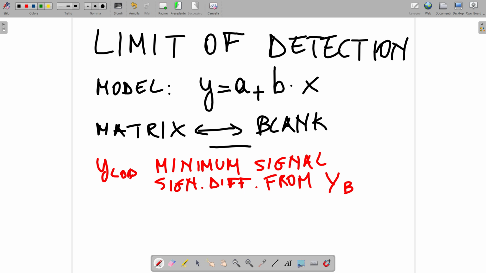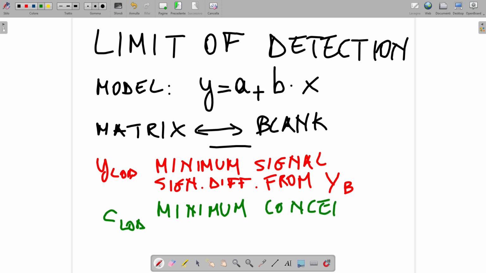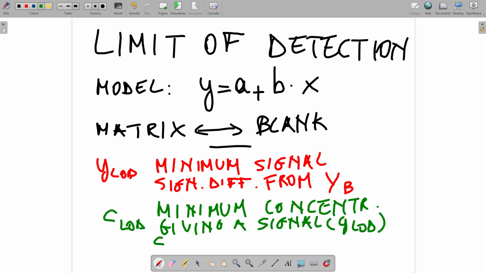And CLOD, minimum concentration, it is the minimum concentration giving a signal YLOD significantly different from YB.